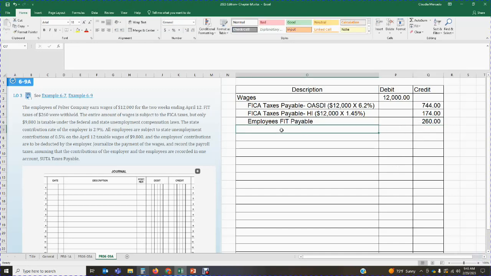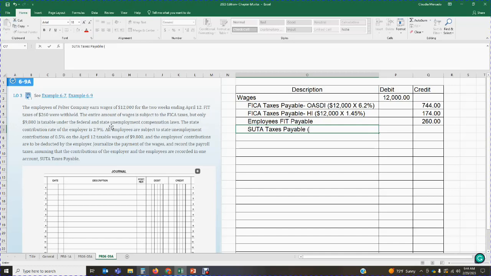Now in this problem, we have an additional tax that we didn't have in the prior problem. In this problem, we have a company that is working in a state where the employee also has to contribute into the state unemployment tax. So we're going to go ahead and put our SUTA taxes payable. Now we have to remember, it says here that only $9,800 is taxable under federal and state unemployment compensation laws.